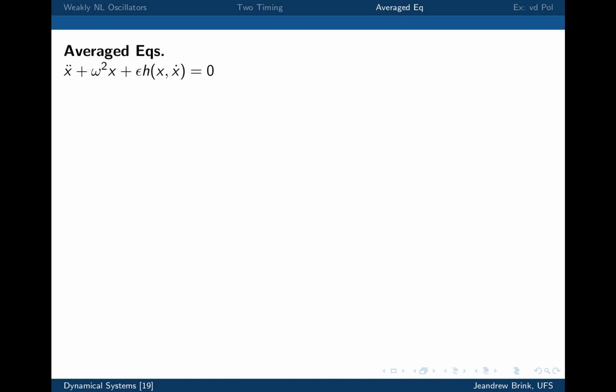Just one comment: the notes I've made here are a little bit more general than Strogatz in that I'm now going to start introducing omega squared over here. It basically allows me to work with oscillators of any frequency. I did that because often in physics you're going to get an oscillator with a frequency here, and in order to get it into Strogatz's form you'd have to change the time scale, whereas it's often easier to simply analyze the whole thing with a frequency that's not 1.